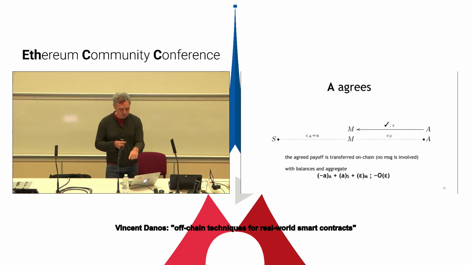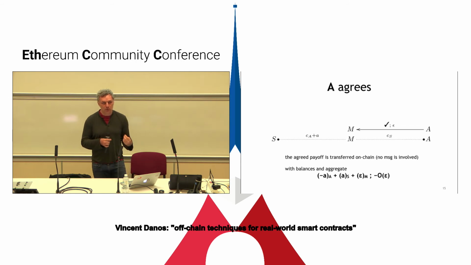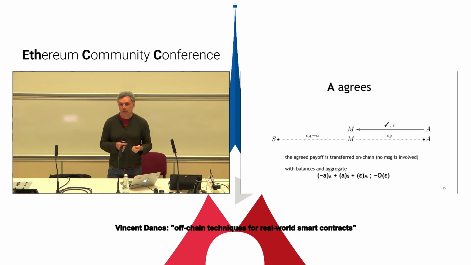And also, if you look at the balance of things, you see that A has paid minus A, S has received A, and the mother contract has received epsilon, and so the aggregate transaction for the players, from the point of view of the game we're emulating on the chain, is minus epsilon, so it costs nothing, to be honest. I mean, concretely it costs to say yes, and to post a key.